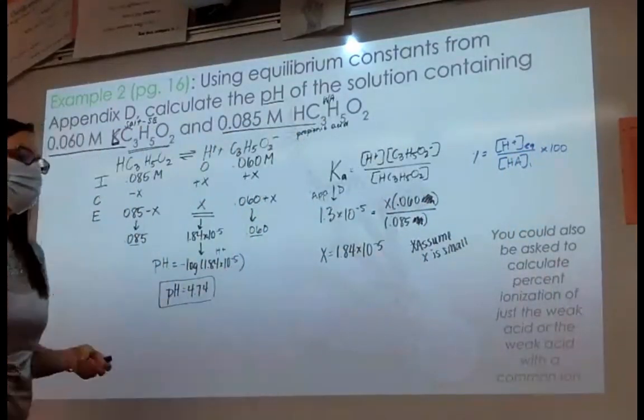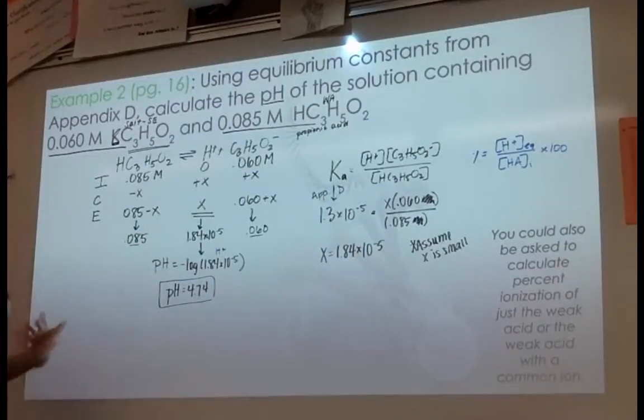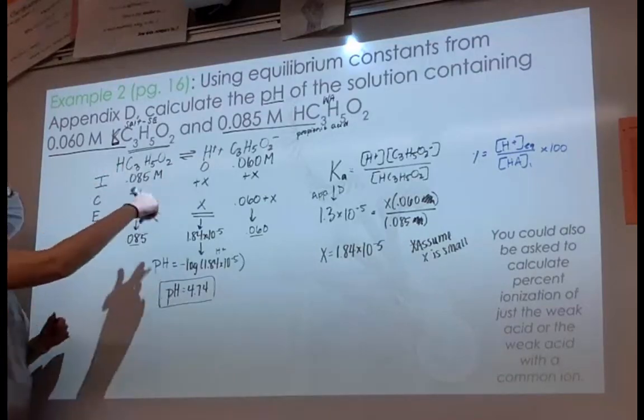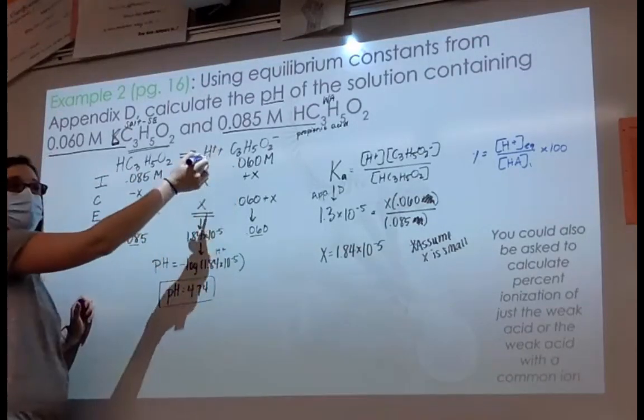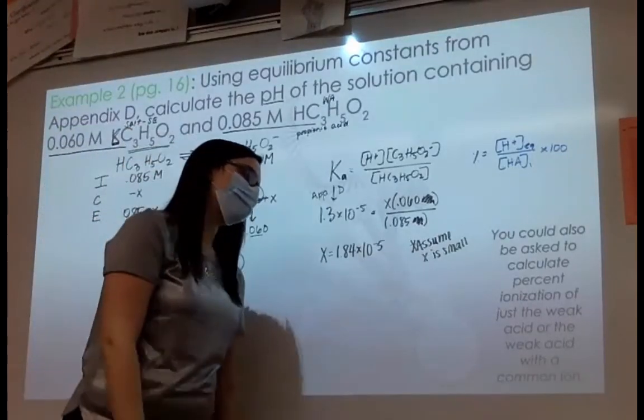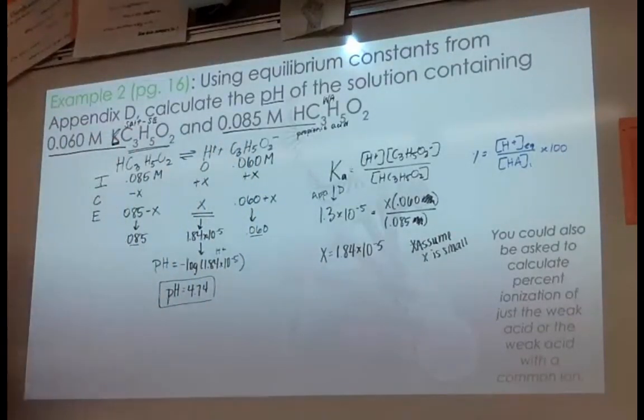There's a question in mastering that has you calculate the percent ionization of just the weak acid. So before you add anything, so this is a 0 again, figure out H+ at equilibrium, calculate percent ionization. And then it has you calculate the percent ionization with a common ion.